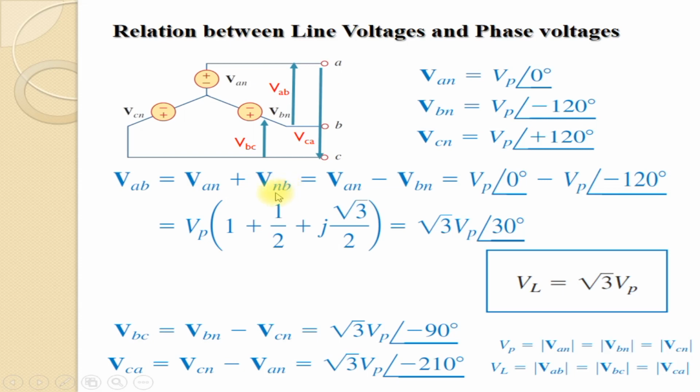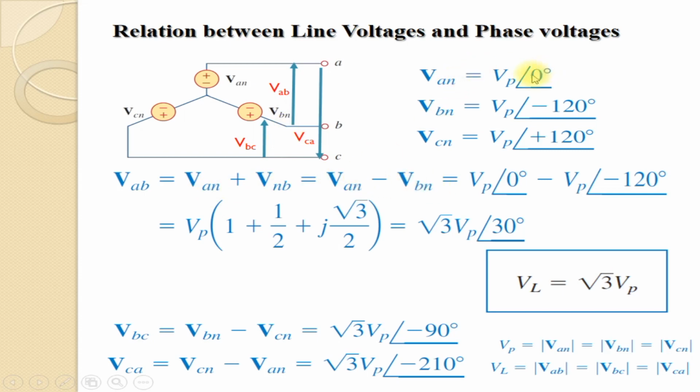And here you can see that as VNB is a vector, VNB can be written as minus VBN. That means VNB is equal to minus VBN. So VAB, the line voltage of the line A with respect to B, will be VAN plus VNB, which will be equal to VAN minus VBN.